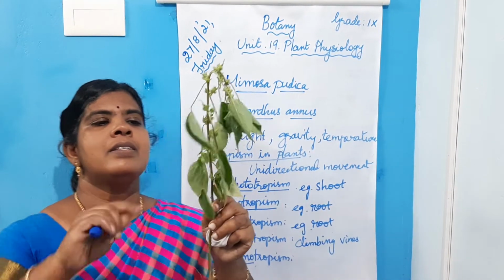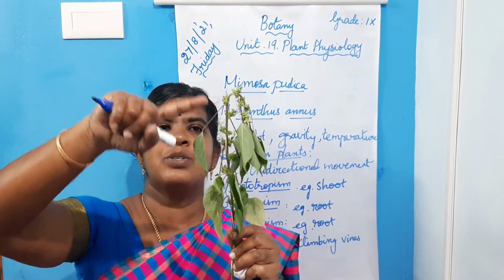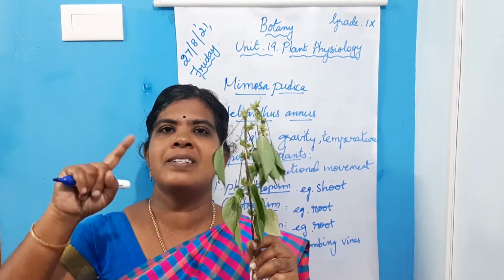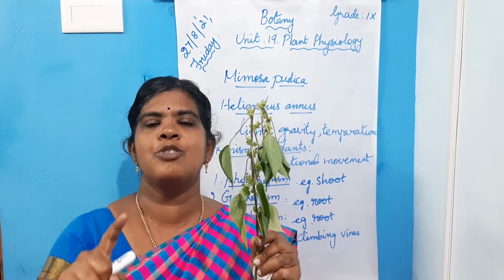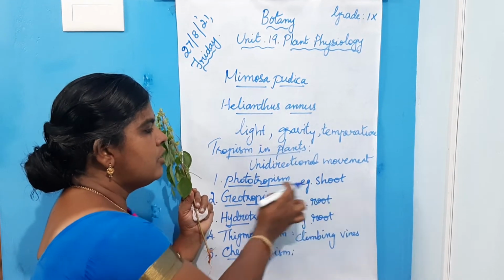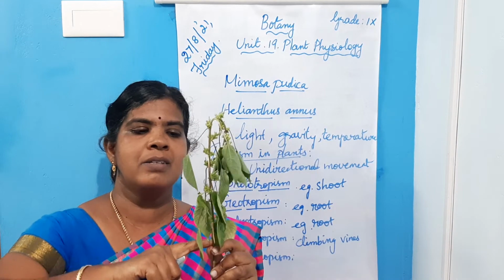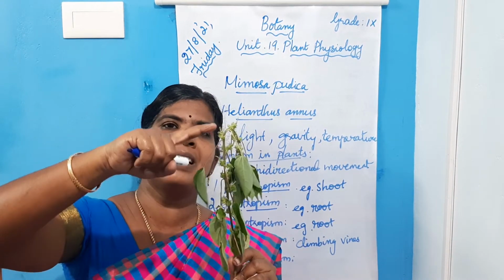Now listen, this is the shoot system. It always grows towards light. So shoot system is positively phototropic, because it always grows towards light.